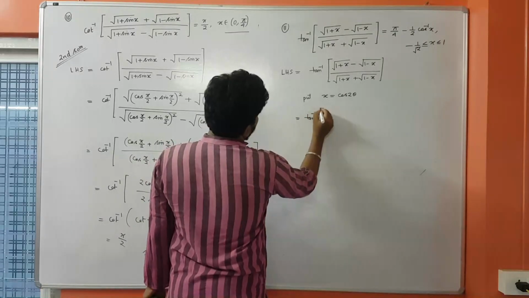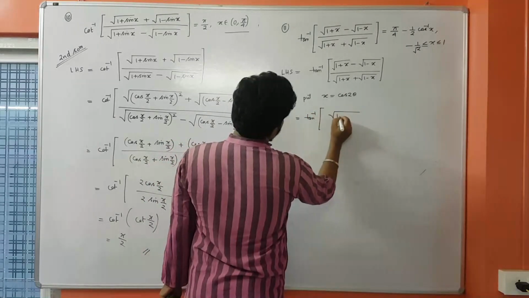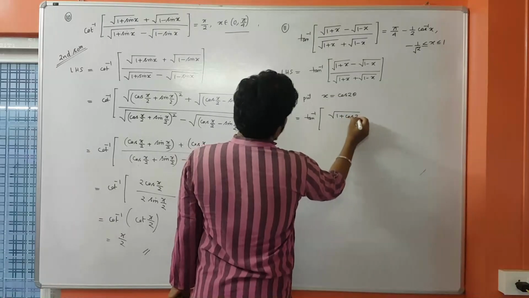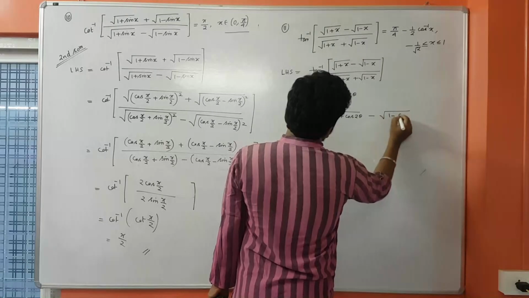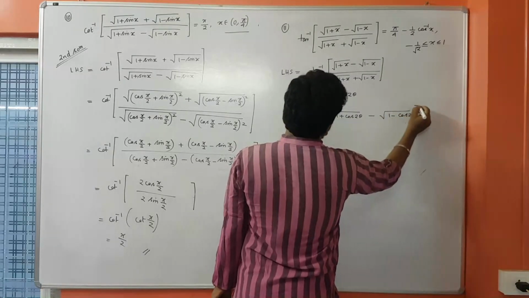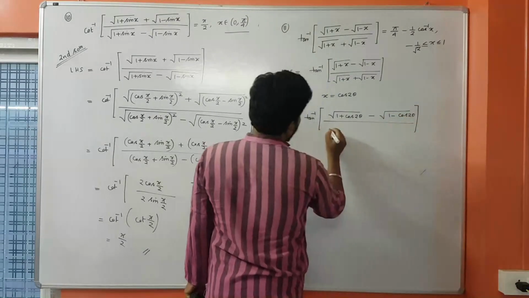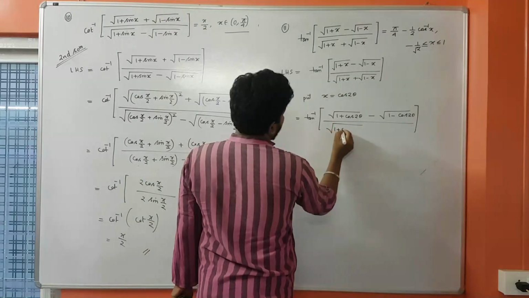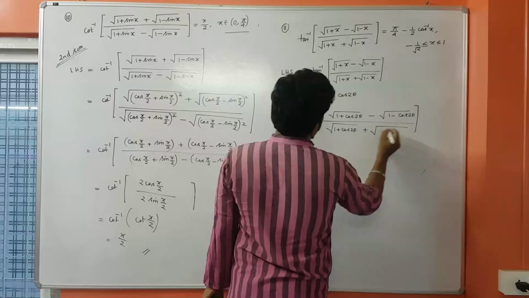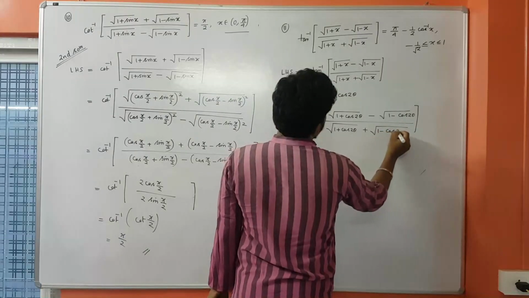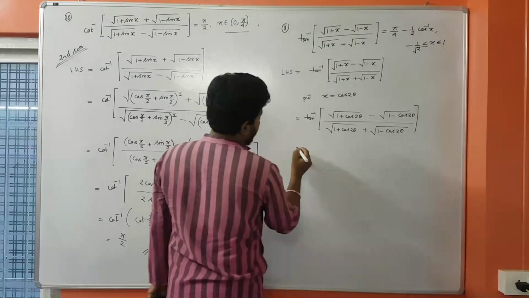Tan inverse of root over 1 plus cos twice theta minus root over 1 minus cos twice theta divided by root over 1 plus cos twice theta plus root over 1 minus cos twice theta.